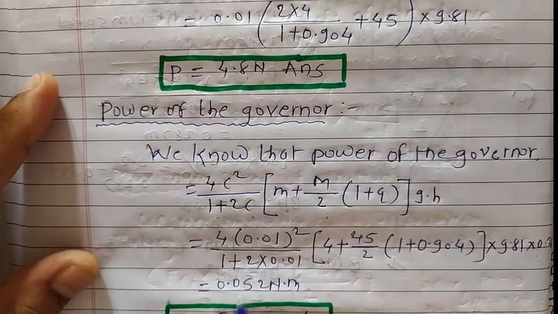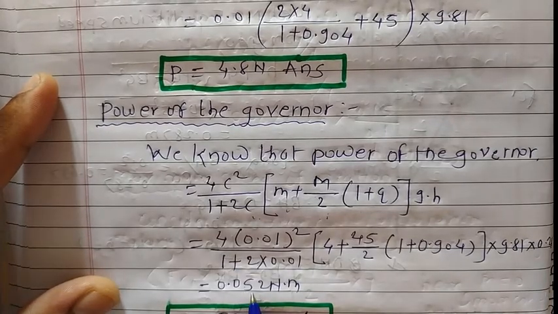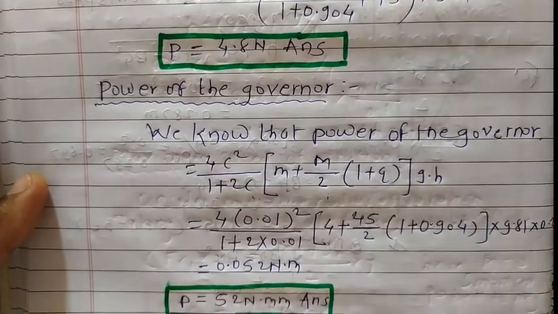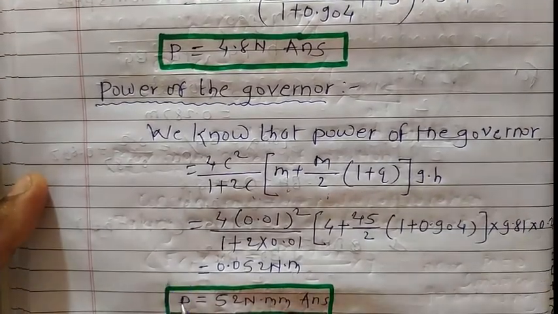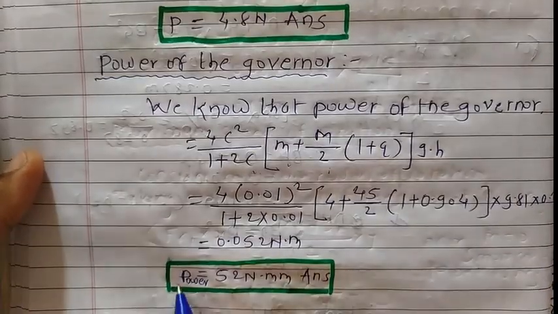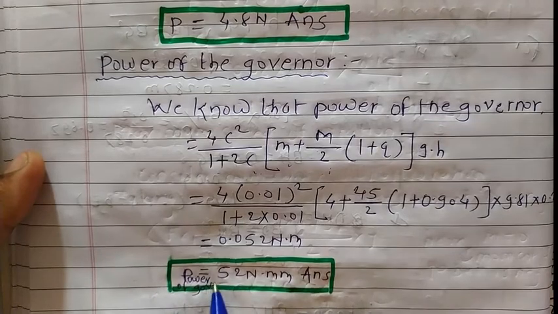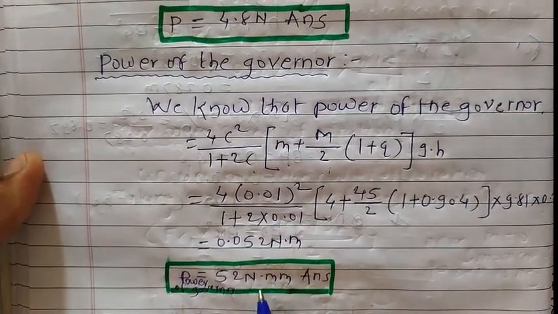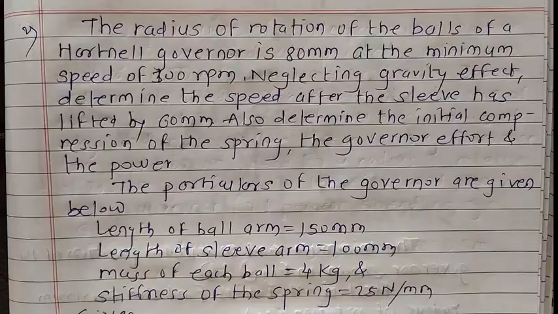The power of the governor equals 0.052 Newton meter. In terms of mm, the power of the governor is 52 Newton mm.